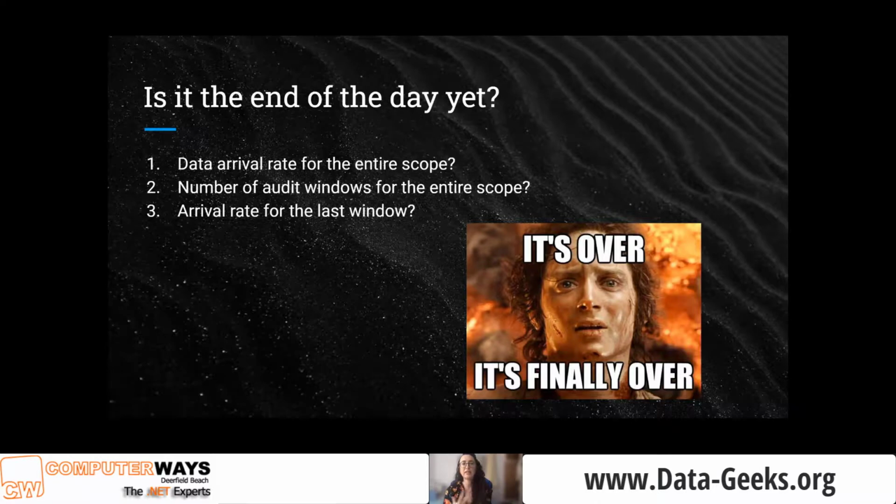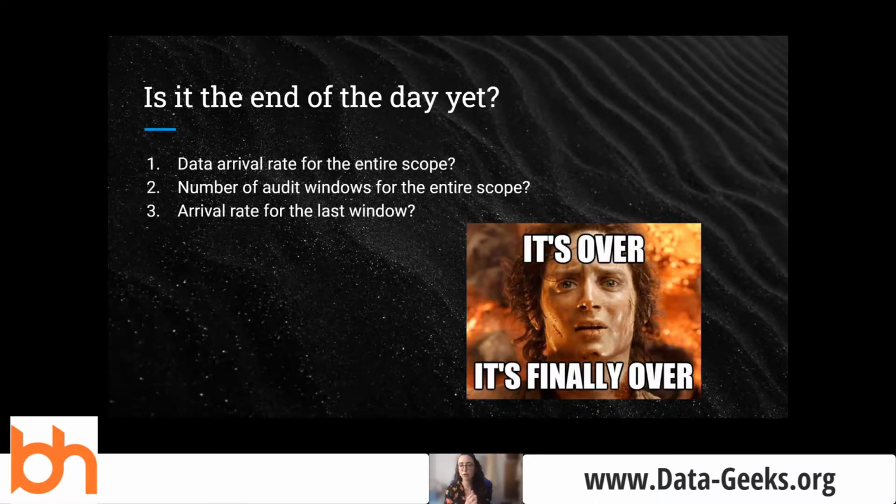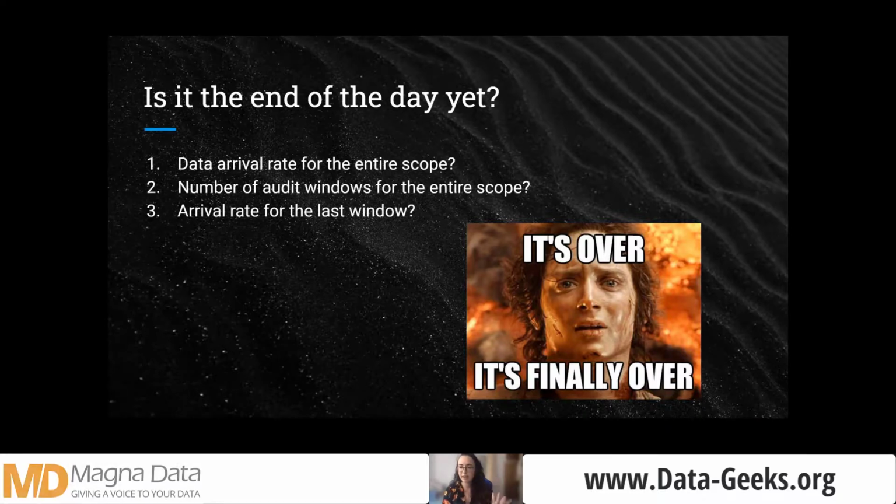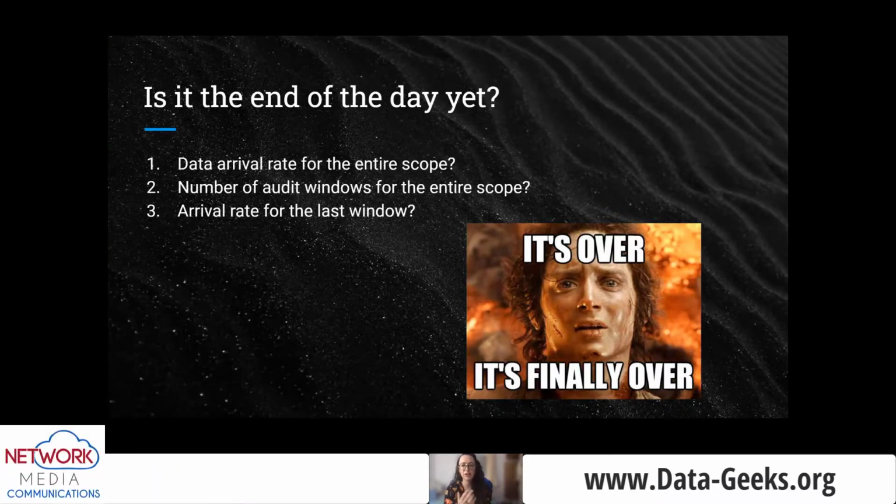The second question is the number of audit windows that arrived for that entire scope. If we're looking at yesterday and thinking, is it the end of the day yet, how many windows actually arrived? We have a certain number of servers. They have a certain number of processors. They're working against a certain number of topics.